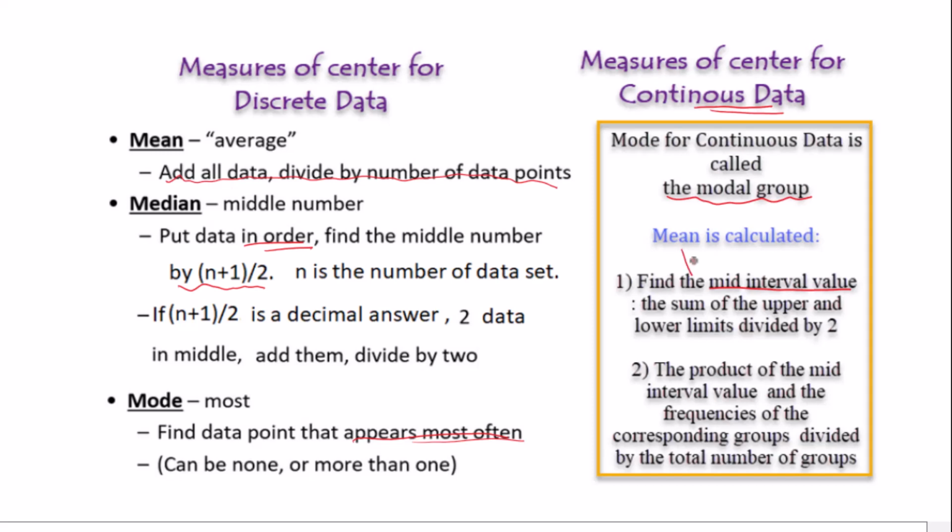For example, if I have x greater than 100, less than or equal to 200, 100 plus 200, then you divide it by 2. You will get 150 is the mid-interval value. The product of the mid-interval value and the frequencies of the corresponding groups divided by the total number of groups will be the mean for continuous data.